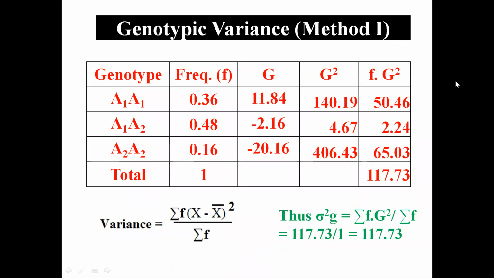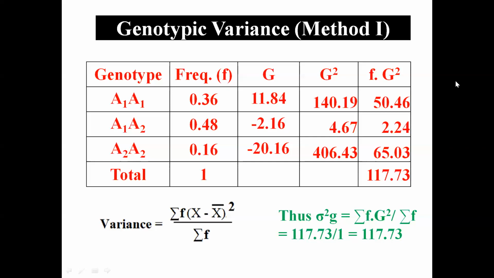Then we square this genotypic value, and these squared genotypic values are multiplied by the concerned frequencies of the concerned genotype. The basic formula remains the same, and this G is also again a deviation from mean, and in this way sigma square G is equal to sigma f G square divided by sigma f, and we got the value 117.73. This is genotypic variance.